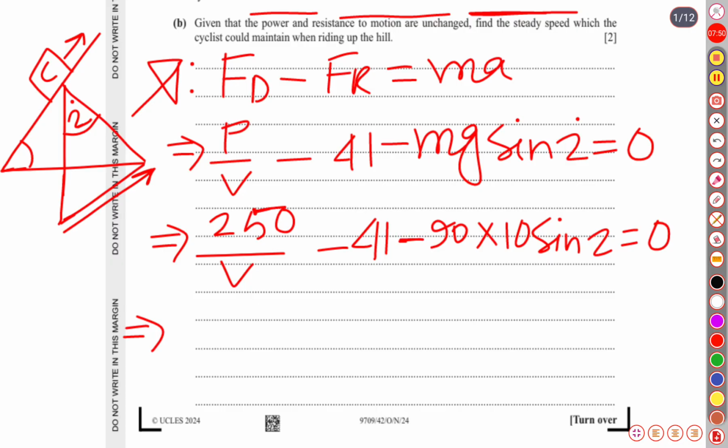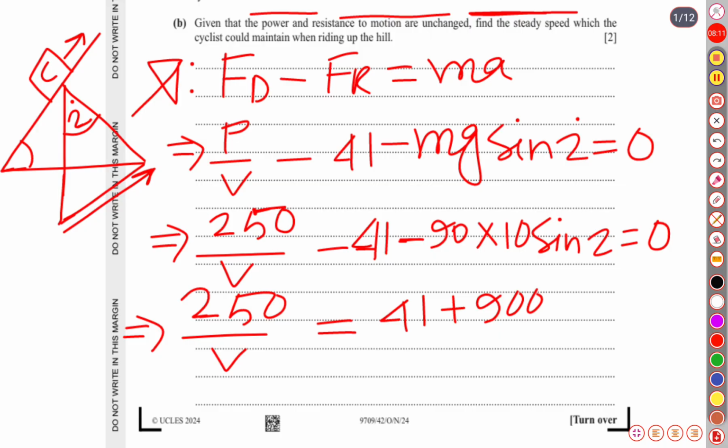Okay, so what is it going to be? Ultimately 250 over velocity is to be obtained, V, and if we transpose everything on the right side, it is going to be 41 plus 90 into 10 means 900 sine 2, 900 sine 2.